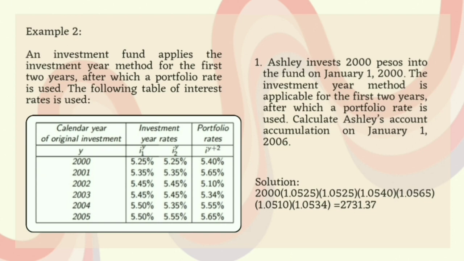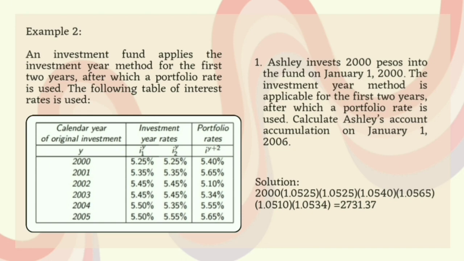So Ashley invested 2,000. So her solution is 2,000. And then, she invested, first it is 2,000. Then you look for the first, January 1st, 5.25%.